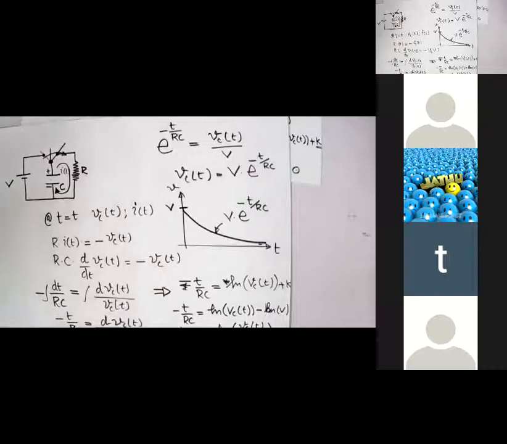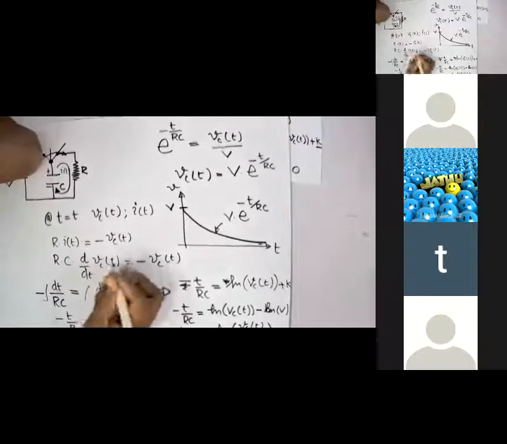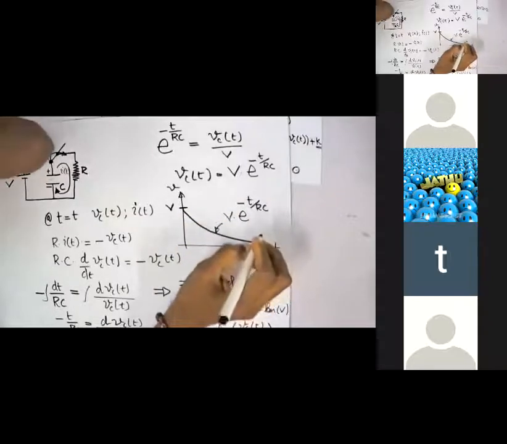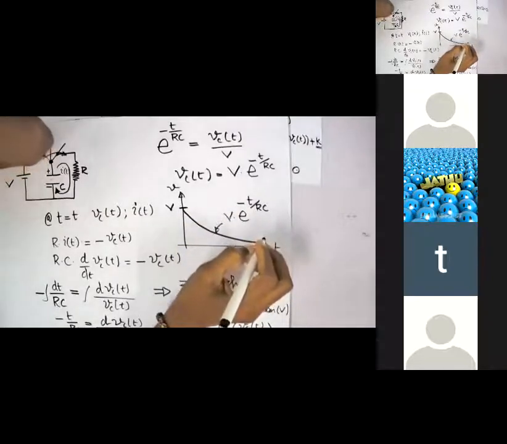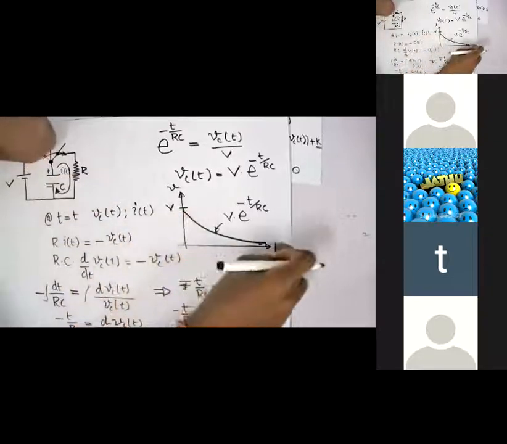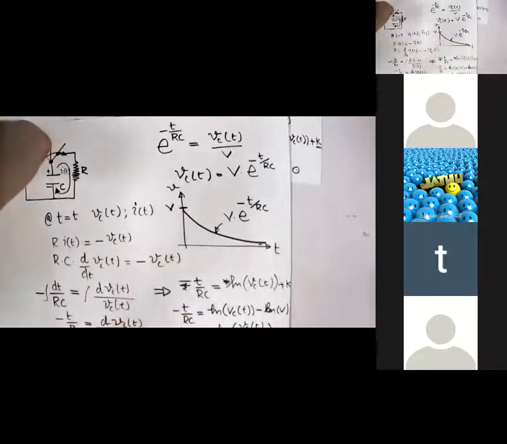When your voltage is reaching 0, then the current will also be reaching 0, since the voltage across the capacitor becomes 0. So the current will also follow the same pattern and not like in your earlier one.